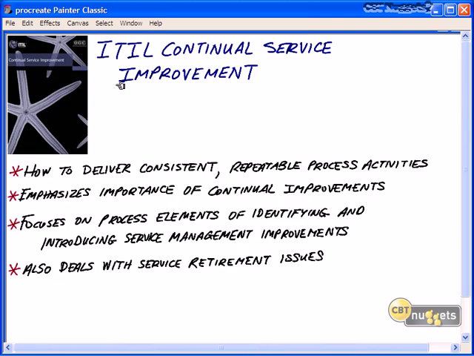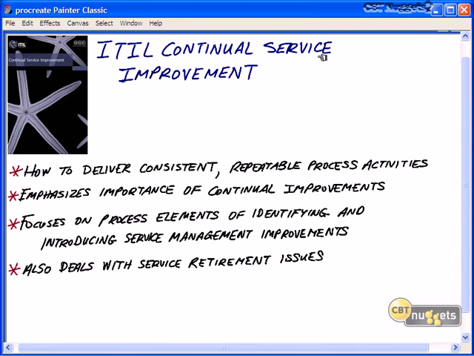And finally, our fifth book, with the starfish here on the cover, is the ITIL Continual Service Improvement. This is going to deal with how to deliver consistent, repeatable process activities for IT service management. It's going to put focus on the importance of continual improvement. Remember, I mentioned this earlier when we looked at some of the famous axioms of W. Edwards Deming.